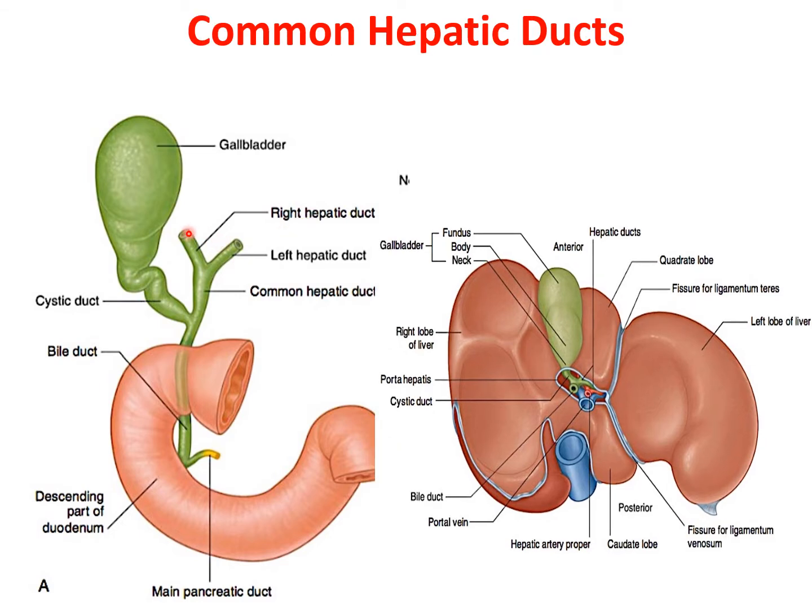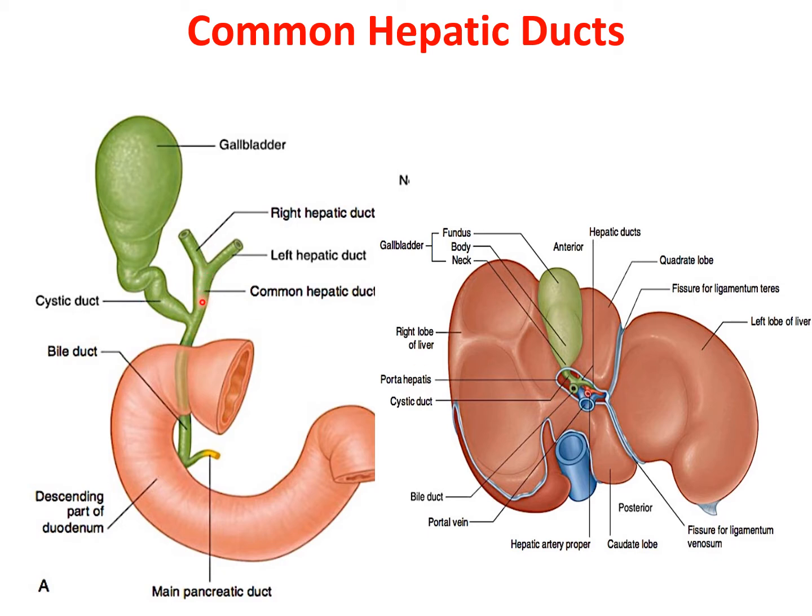Next, by the union of the right and the left hepatic duct, the common hepatic duct is formed near the right end of the porta hepatis. Now this common hepatic duct runs downward for 3 cm within the free margin of the lesser omentum, like this.